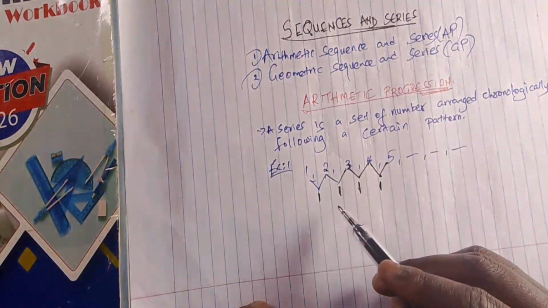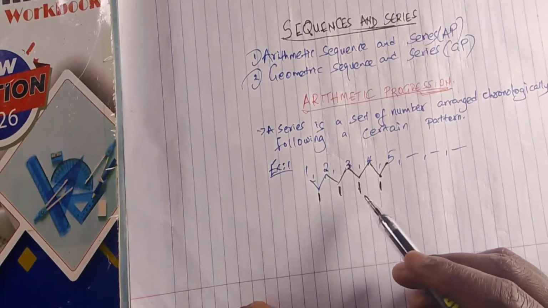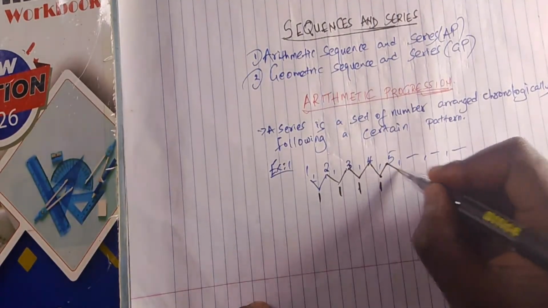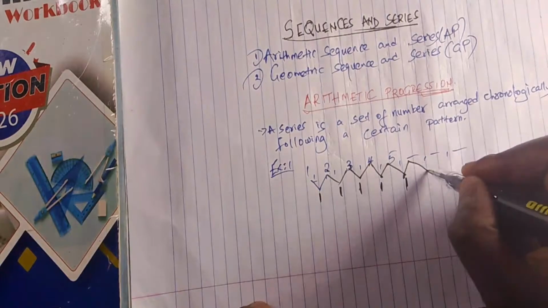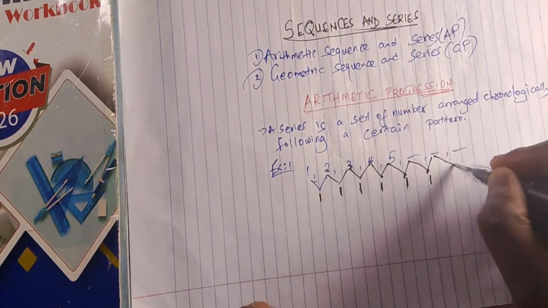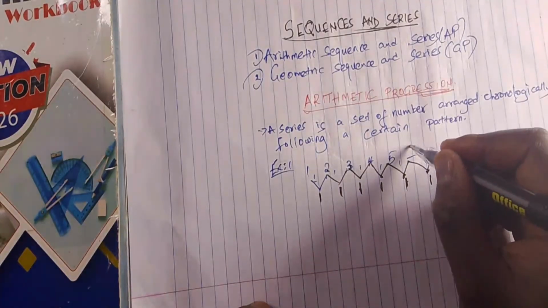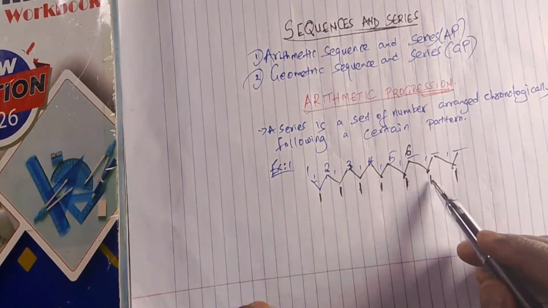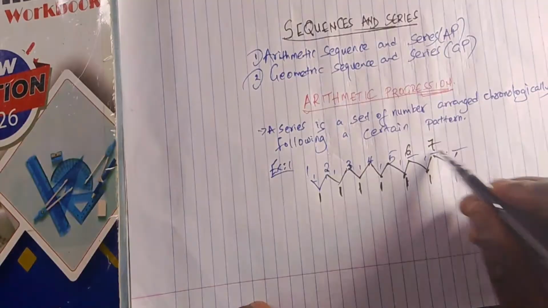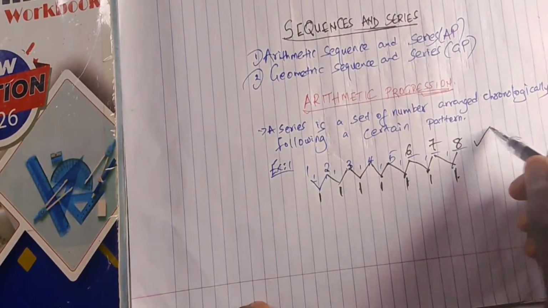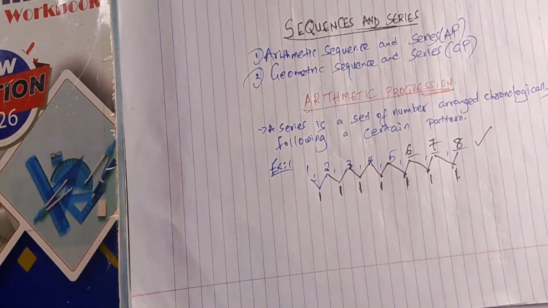So you definitely knew the pattern difference is 1. So you are just going to add 1. We add 5 plus 1, which gives us 6, 6 plus 1 gives us 7, and 7 plus 1 gives us 8. And you considered that as the answer.